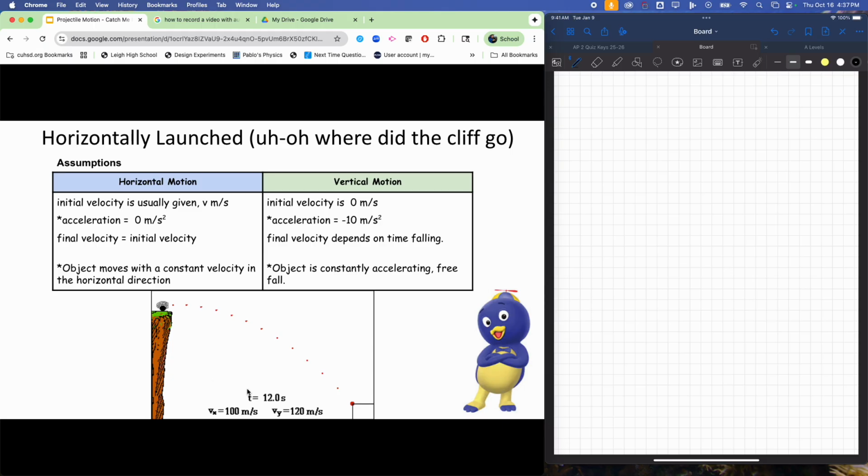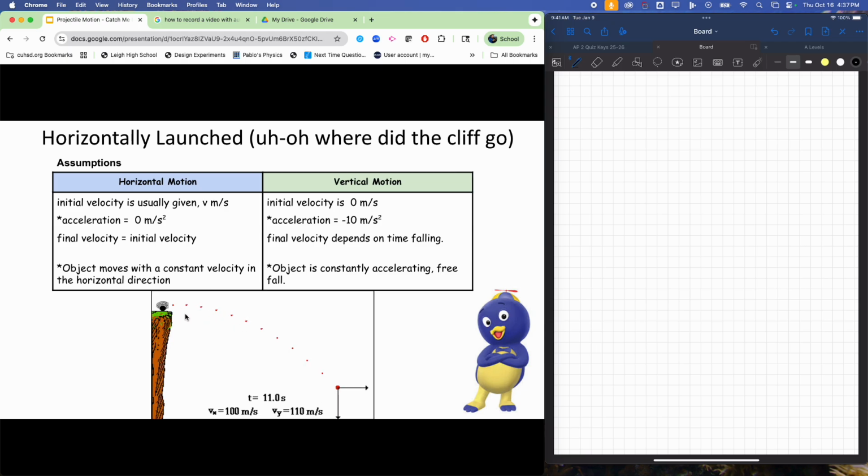And so if we were to analyze this motion horizontally, it's going to have an initial velocity that's not equal to 0. What that initial velocity is depends on the scenario, but it's often given, or maybe we have to solve for it. But it's going to have an acceleration of 0 because it's moving horizontally with a constant velocity.